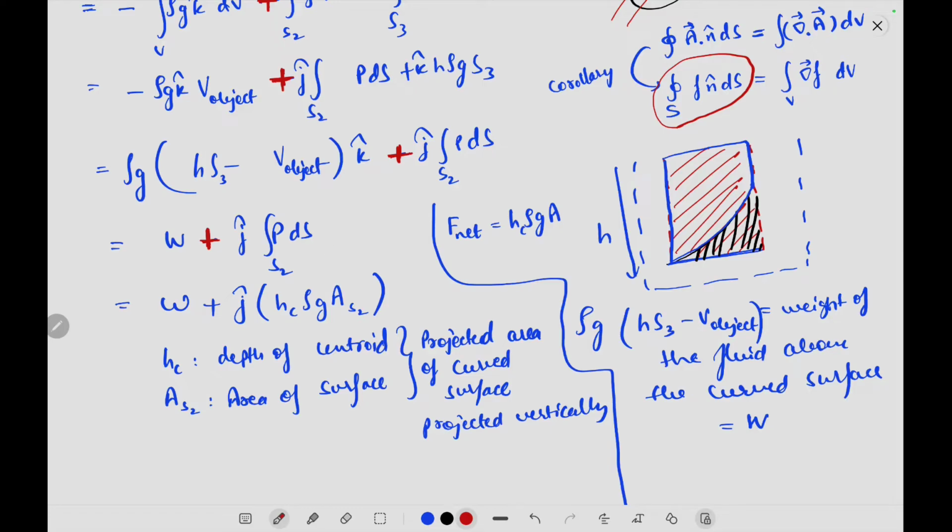Now the integral over p dS gives me the force, but that force is not in vector form, so this won't change the sign. So this positive would be positive, and we have to just write the magnitude of that force.